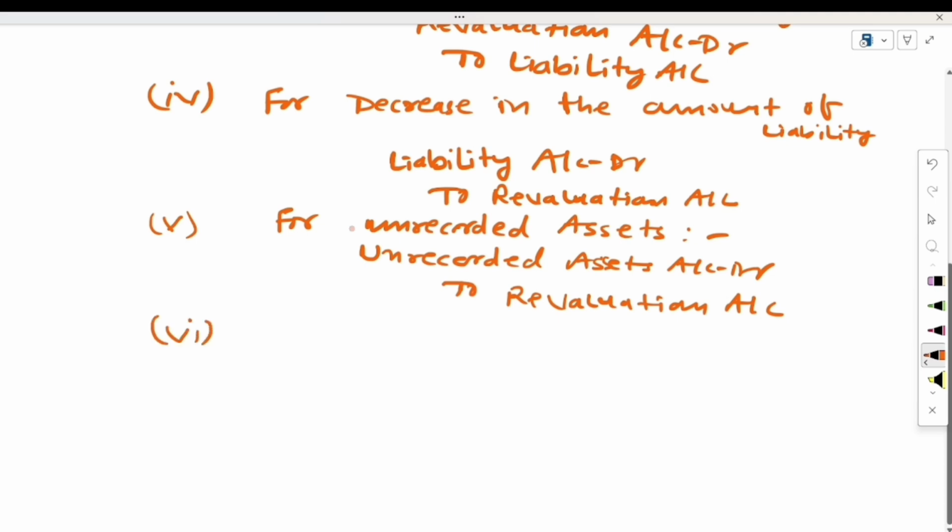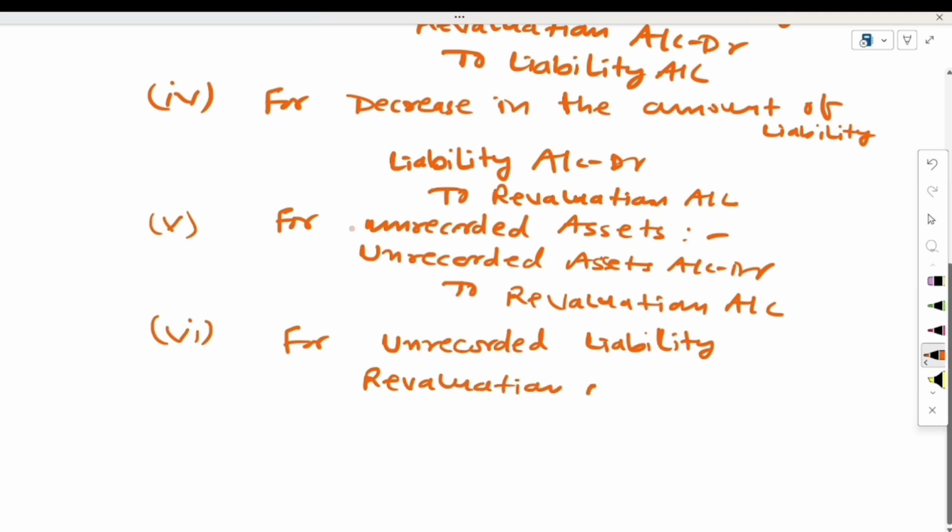In case of any unrecorded liability, what entry will you pass here? For unrecorded liability we will pass the entry: revaluation account debit to unrecorded liability account.